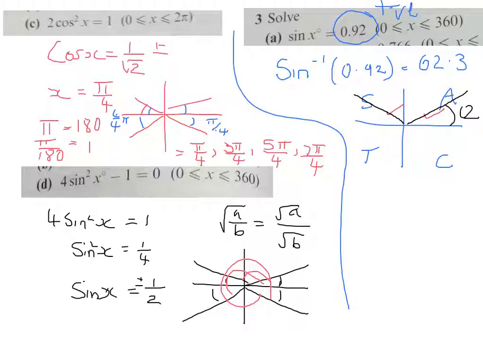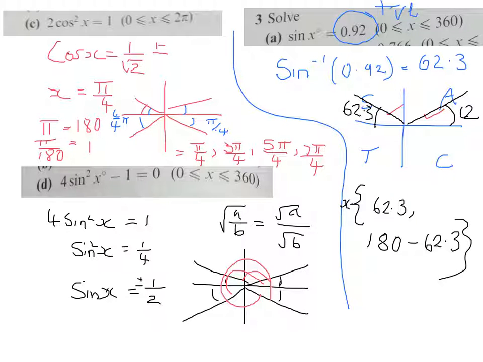So sorry, 62.3, stupid pen, and 62.3. So our solutions for x are 62.3, and I don't have a calculator without switching this off, 180 minus 62.3. Hopefully that's enough to get you started.